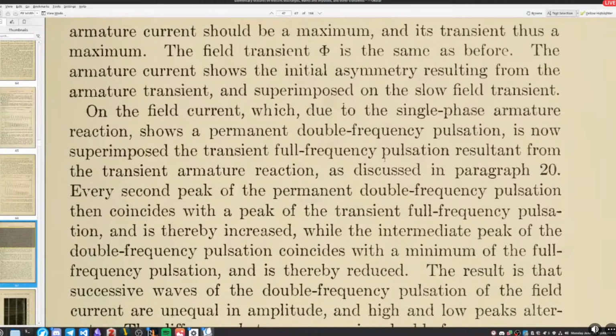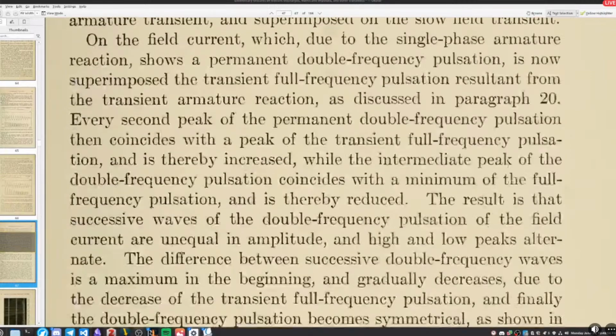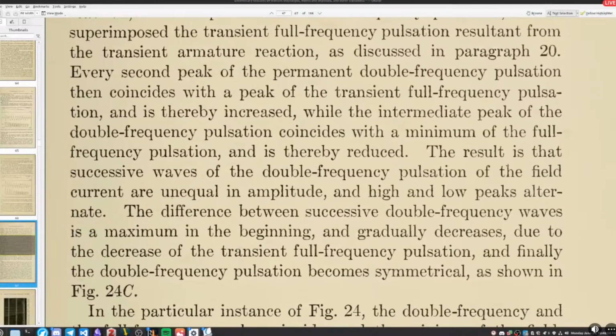The field current, which is due to the single-phase armature reaction, shows a permanent double-frequency pulsation, and now superimposed on it is the transient full-frequency pulsation resultant from the transient armature reaction, as discussed in paragraph 20. Every second peak of the permanent double-frequency pulsation then coincides with a peak of the transient full-frequency pulsation and is thereby increased, while the intermediate peak coincides with the minimum of the full-frequency pulsation and is thereby reduced.